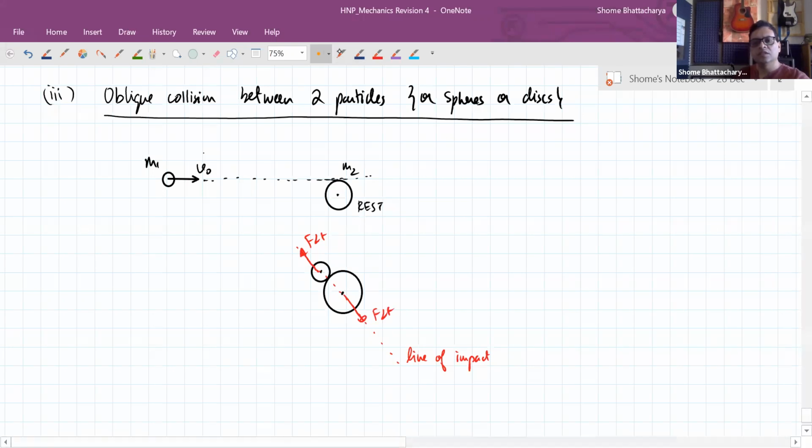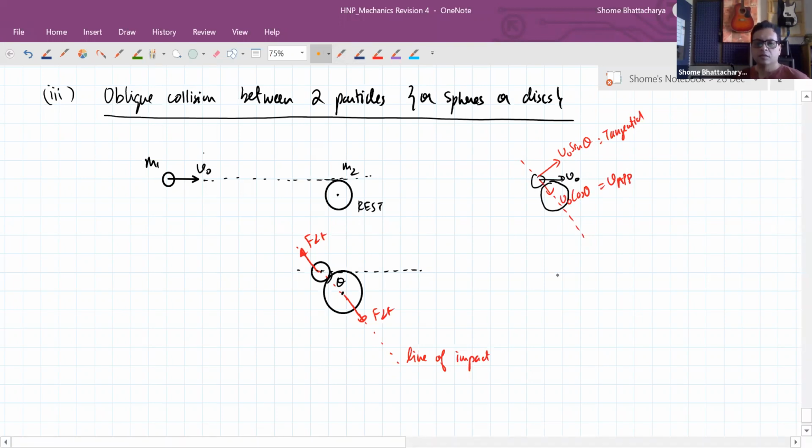So if the initial velocity of the first one is at an angle of theta with respect to this, then what we can do is divide the initial velocity v naught into these two components. This component becoming v naught sine theta. So this is the tangential component. And this component v naught cos theta. This is the approach velocity.